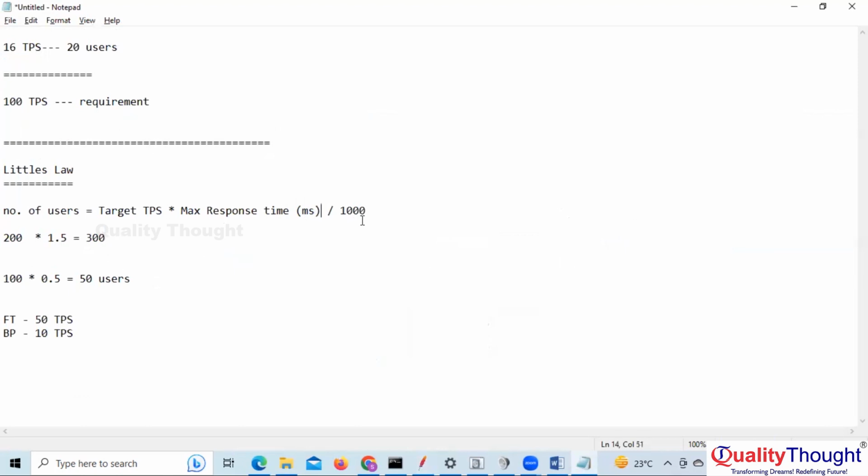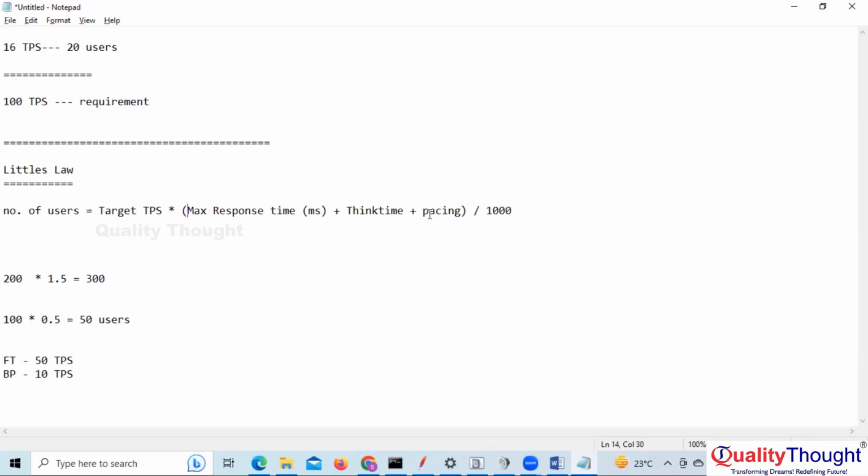So basically the overall formula will be like this: target TPS into max response time in milliseconds plus think time plus pacing, divided by 1000. All right. Since it is JMeter, pacing maybe doesn't come into picture, that's fine. But if you are running in LoadRunner, you have to add pacing also there, right?